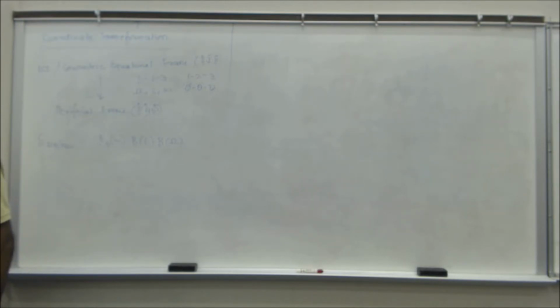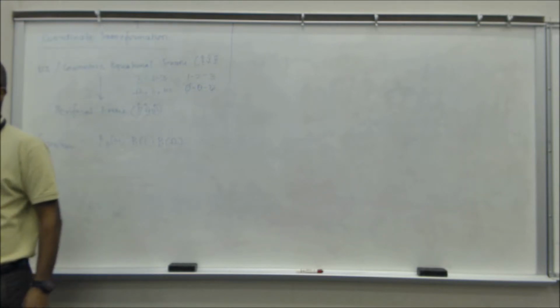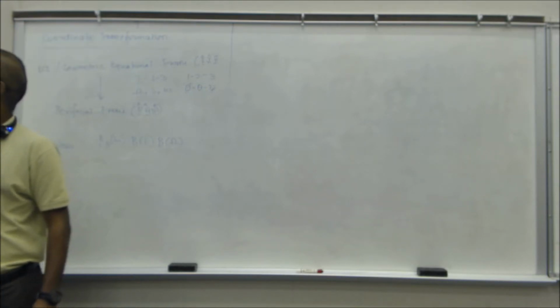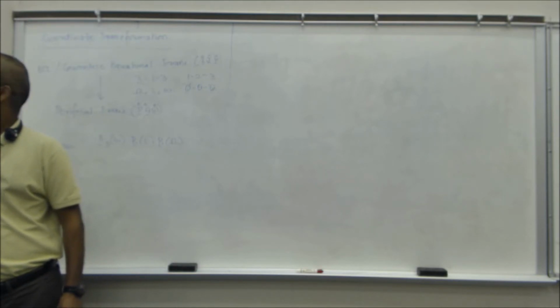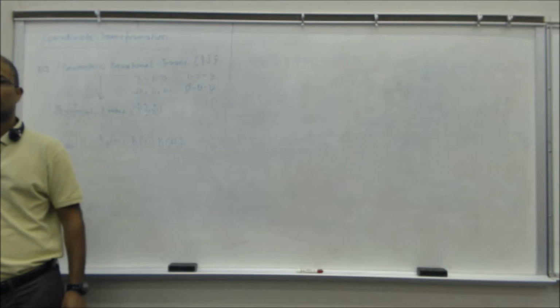We used these two to calculate small omega. Why did we do that? We could have just used this one, right? Once we know I, we can just use this one, or we could just use this one to calculate small omega. Why did we use two?